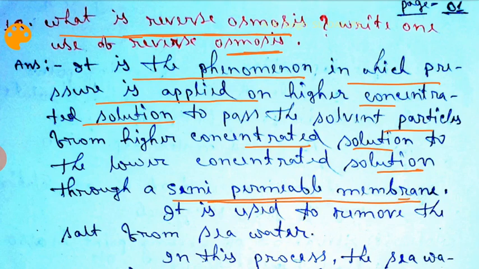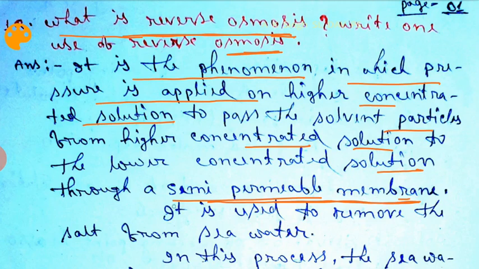That you have read. So, reverse osmosis is a non-spontaneous process, while osmosis is a spontaneous process. Means solvent particles pass from lower concentrated to higher concentrated solution by itself.